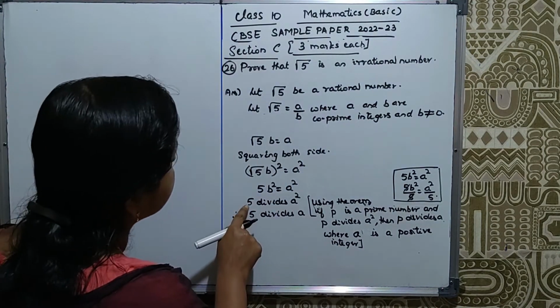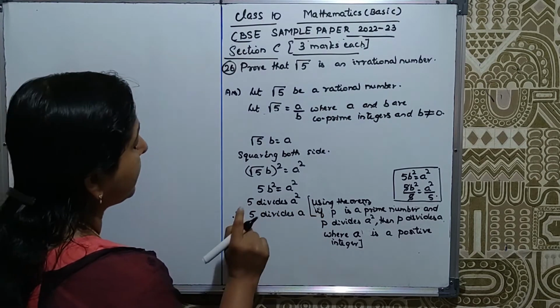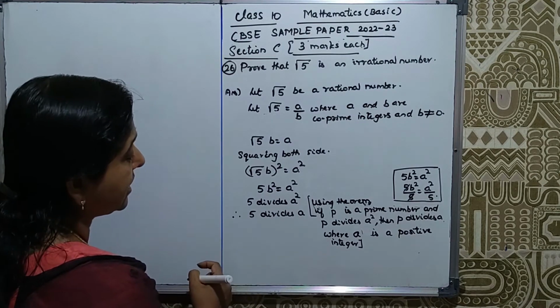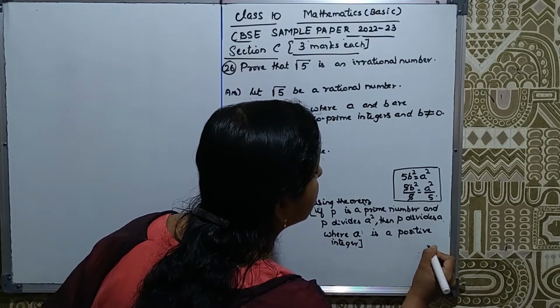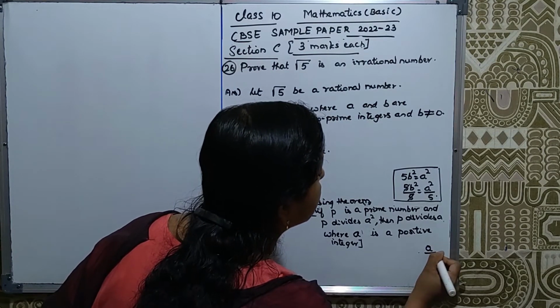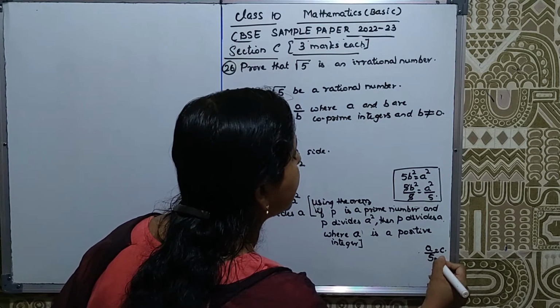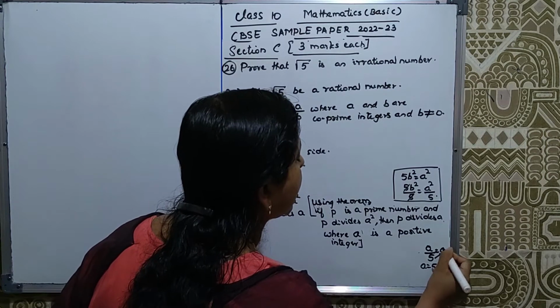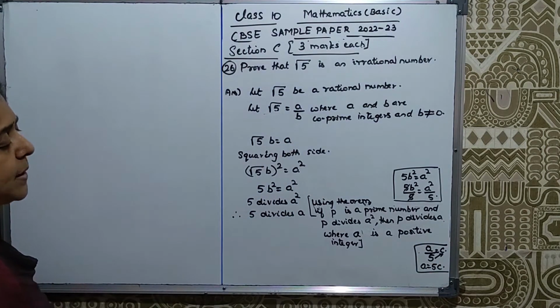Now p is replaced by 5. If 5 divides a, then a by 5 we'll assume as c. So we get a equal to 5c, for some integer c.